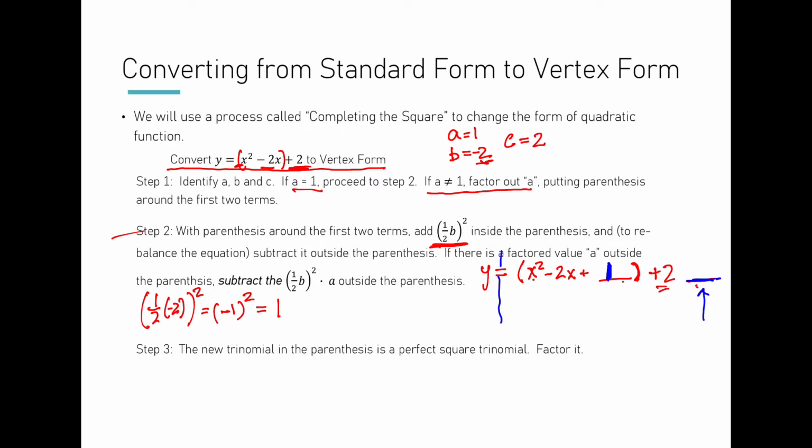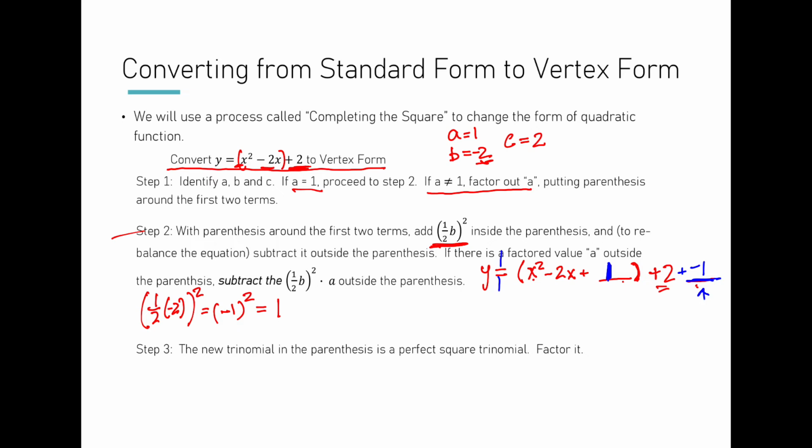So rather than adding 1 to the y and then having to move the 1 to the other side, since I want to keep it solved for y, if I add 1, I'm going to add negative 1 over here. And that way I really haven't added anything to the right-hand side. I added 1, but then I'm counterbalancing it over here by subtracting it. So I've still kept my equation in balance.